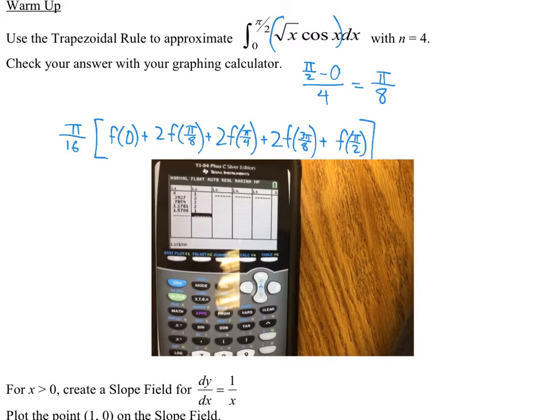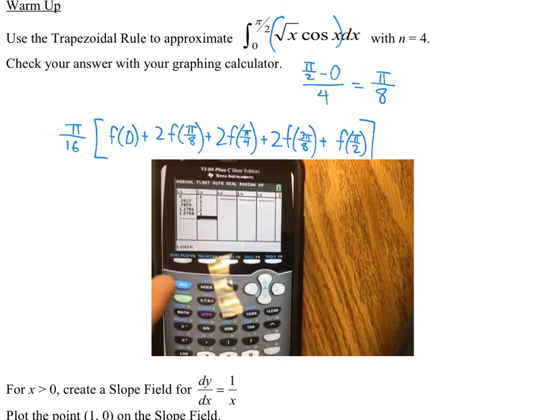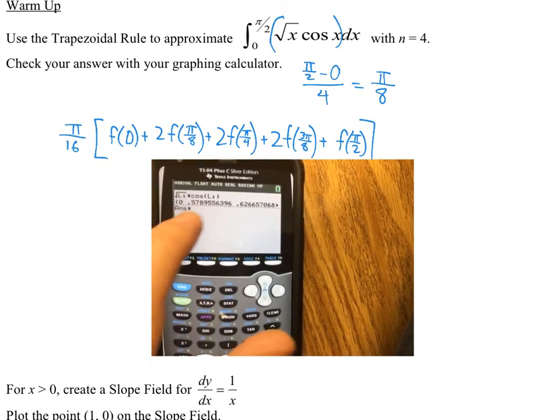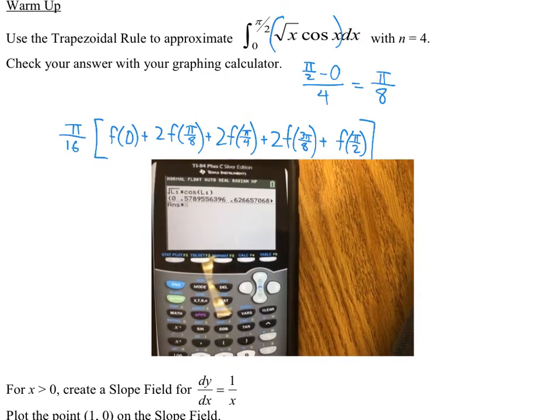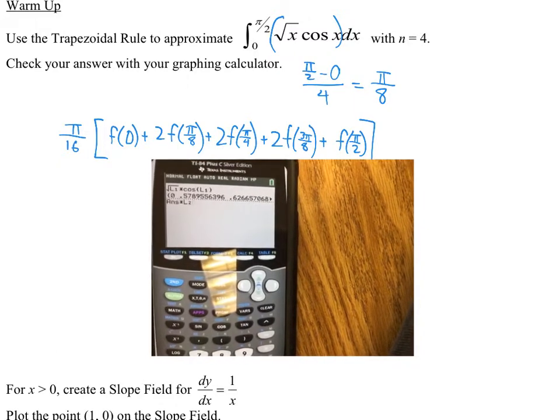If you want to store your previous answer as a list and put this as list 3, it's fine. I'm not going to bother doing that because here, I'm just going to hit times, and it takes that previous answer. And I have my 1, 2, 2, 2, 1 stored in list 2. So I do answer times list 2.